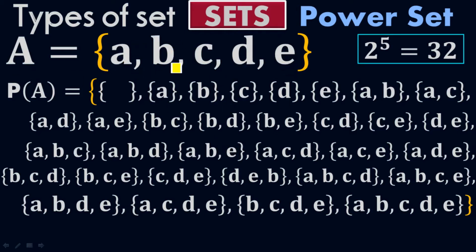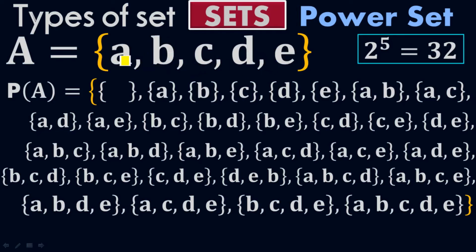Once you are done with AB, you start with AC. I have done with AB. Now leave B for a moment. Take C. Let's suppose that A comma C is my single element. We take AC with D and then with E. Whatever is in front of them, we take all these elements.